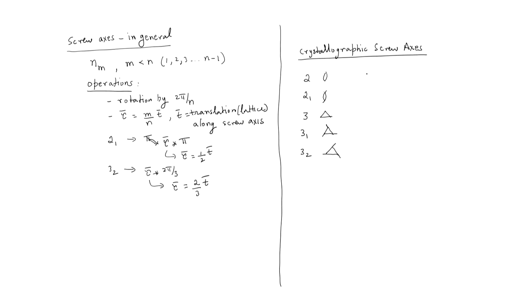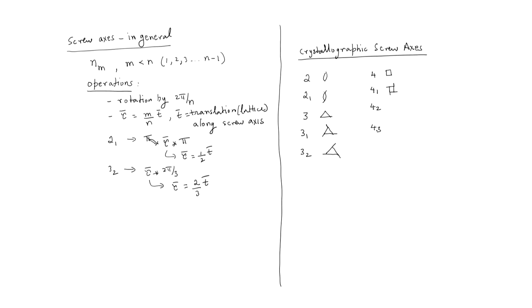Now, consider pure 4-fold. The graphical symbol is a square. For 4 sub 1, we start out with a square and then we extend the fins just like we did in the case of 3-fold. Then I also have in this case 4 sub 3.